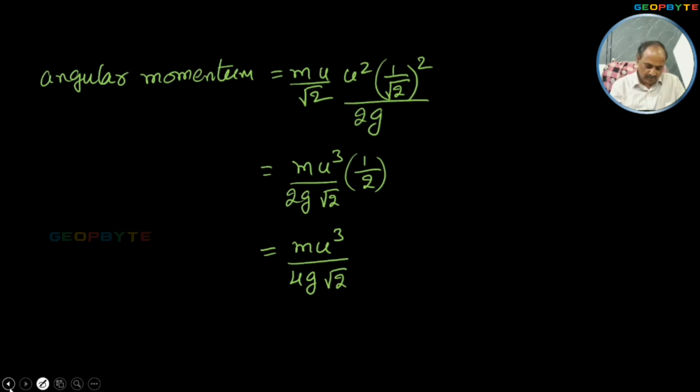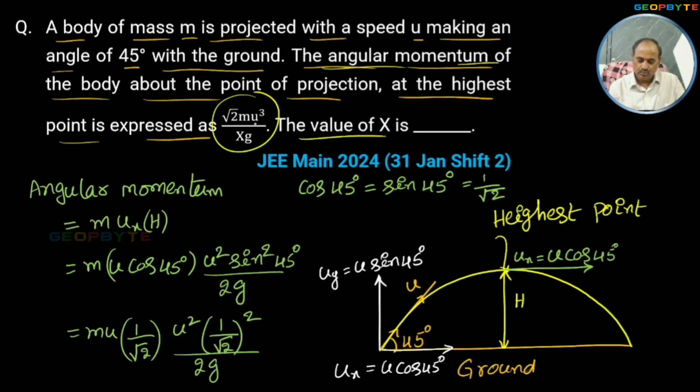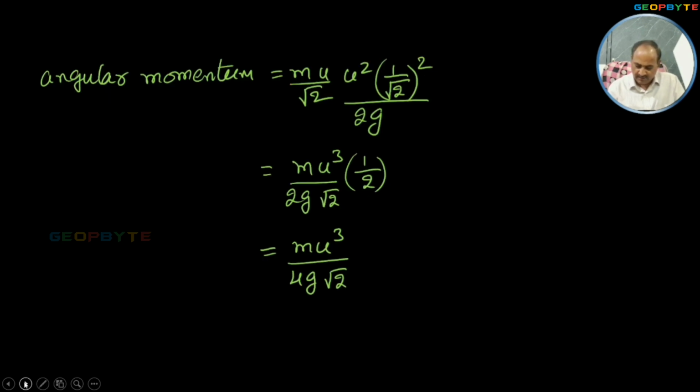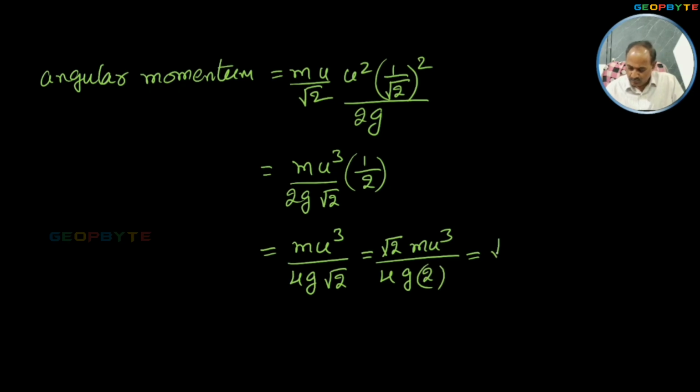But what is given? Root 2 m u cube. That means let us multiply it with root 2. Root 2 into m u cube divided by 4 into g into root 2 into root 2, which is equal to root 2 m u cube by 8g.